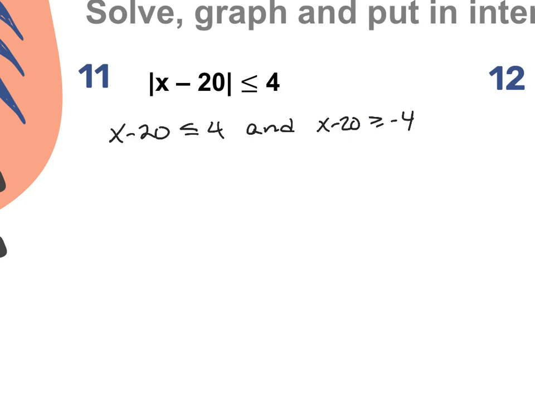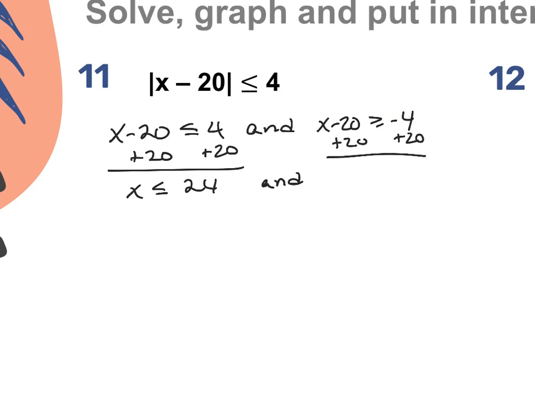So then here, solve this, add 20. X is less than or equal to 24, and add 20. X is greater than or equal to 16. Again, when you put this on your number line, put it least to greatest.